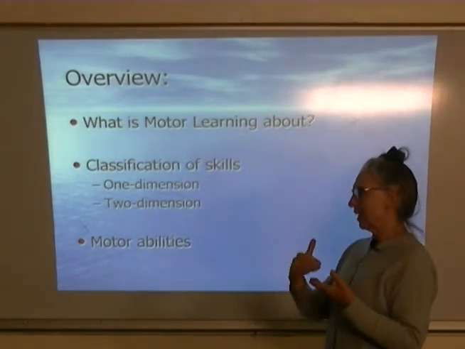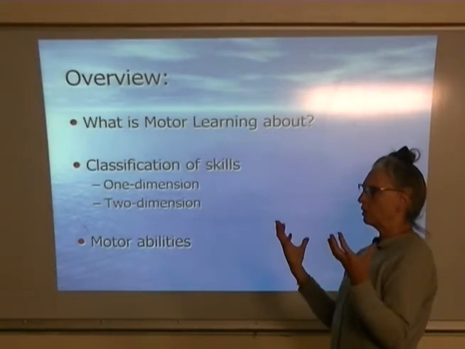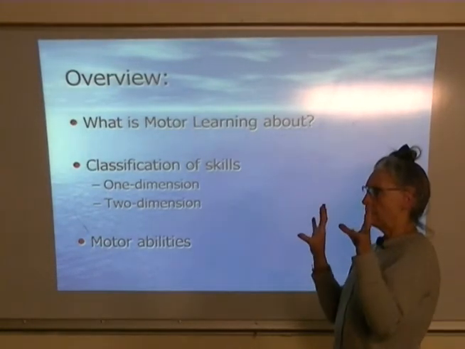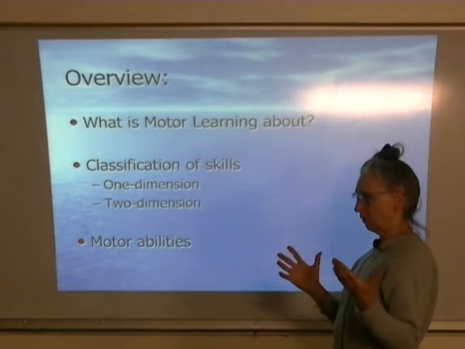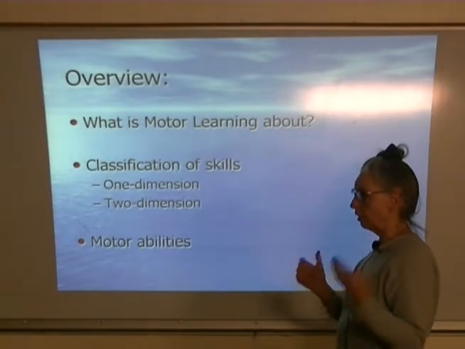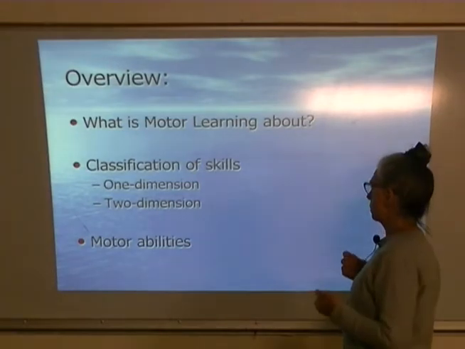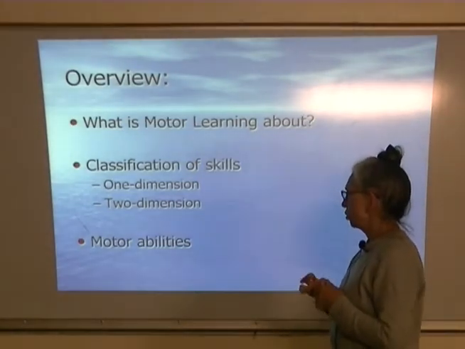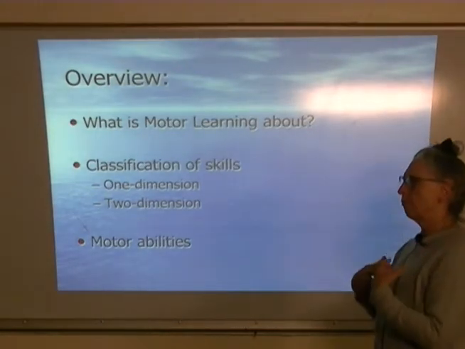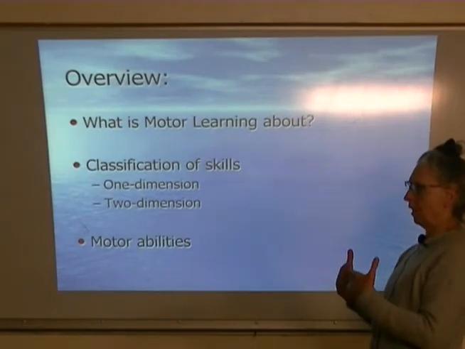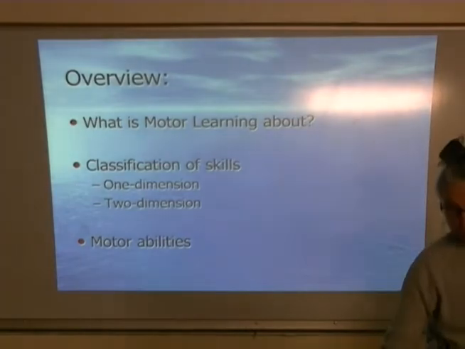Then we first have to classify what kind of skill it is, because the motor learning research looking at how the brain picks up new skills indicates that it depends on the type of skill and the context of the skill. All right, so we're going to be looking at some classification ideas, and then we'll have a brief discussion on the concept of motor abilities, so things I'm born with that can impact my ability to learn particular types of skills. Okay.